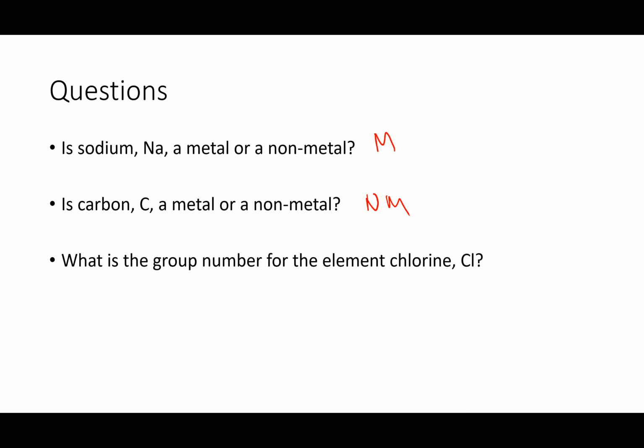How about, what is the group number for chlorine? Oh, yeah, it would be 17. What's the A designation? Ah, it's 17, so she's right. I'm right, 17, and the other name is 7A.